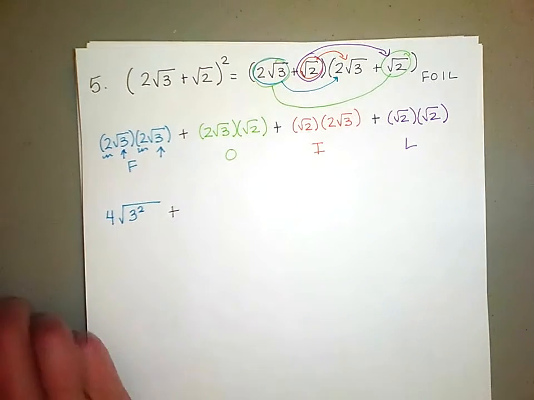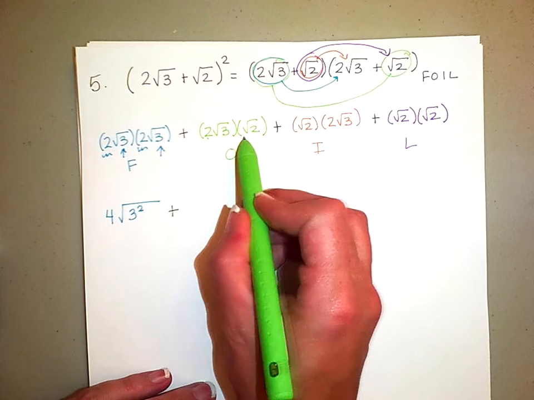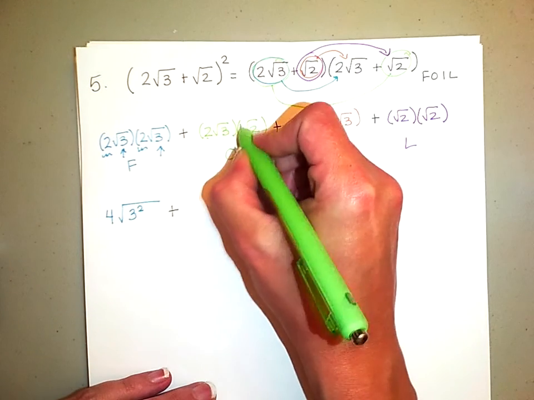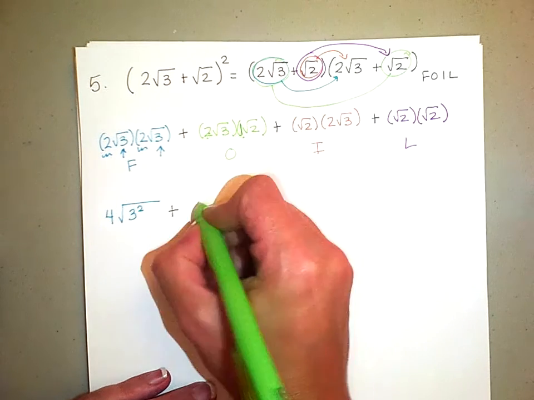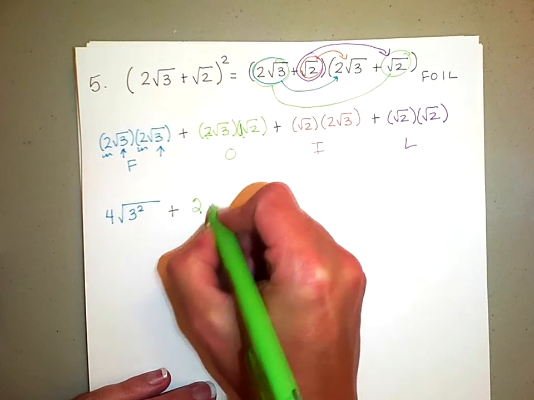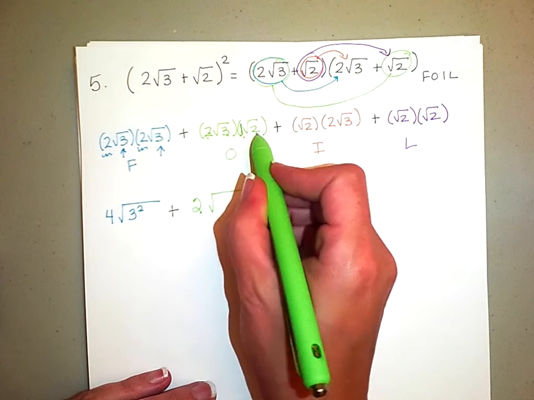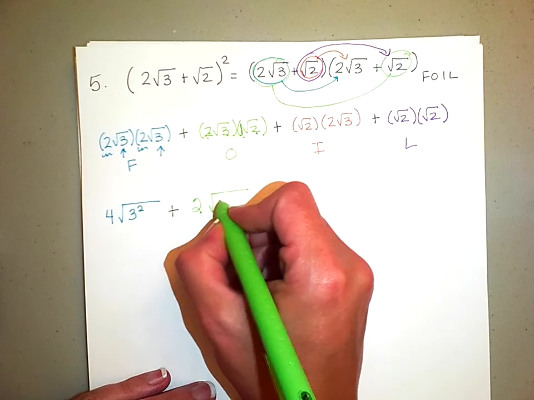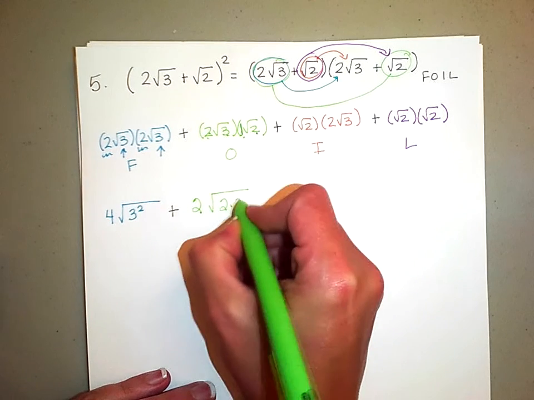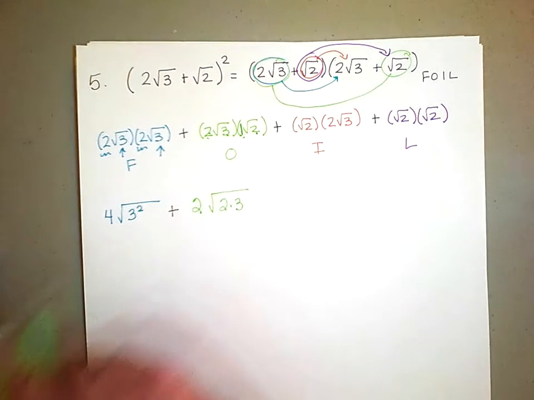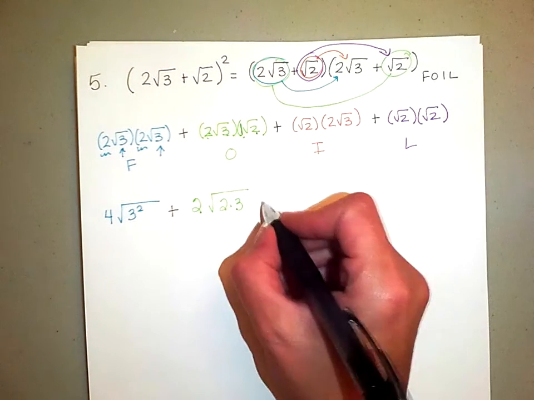Plus. Again, multiply what's on the outside. There's an understood 1 here. 2 times 1 is 2. And then under the radical, we multiply. So 2 times 3. Plus.